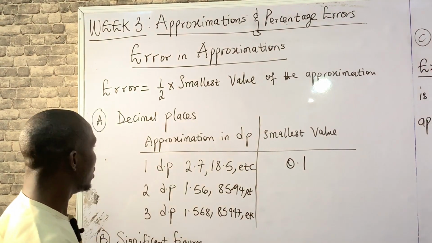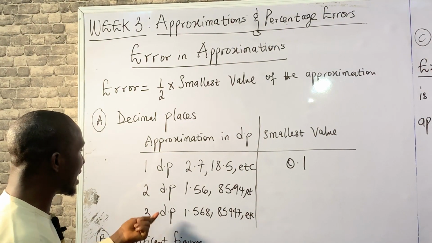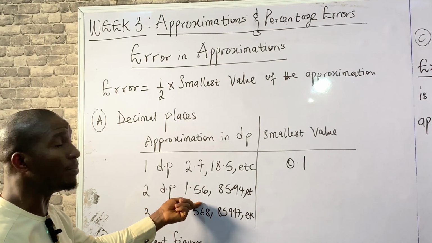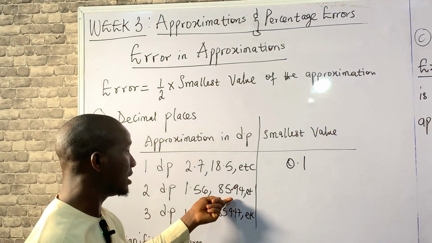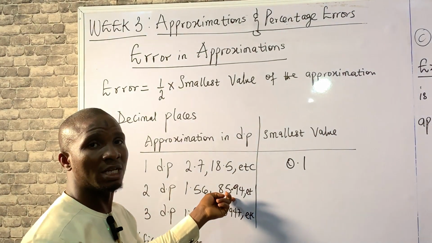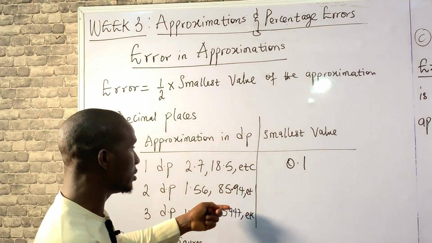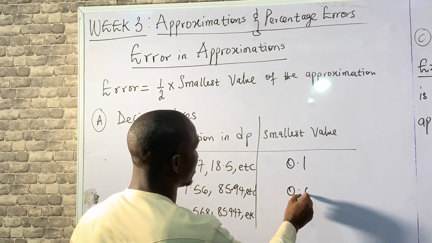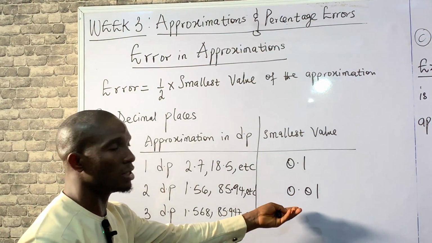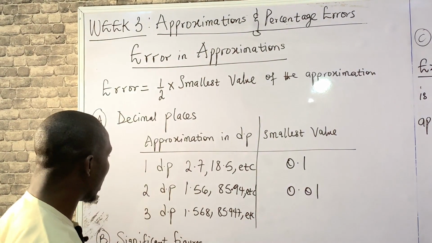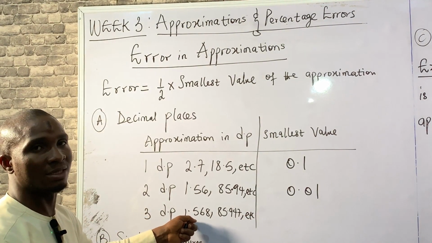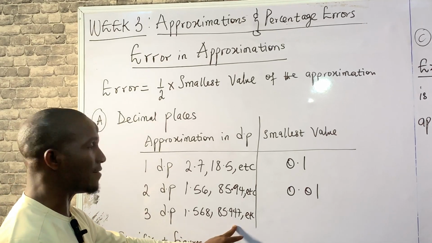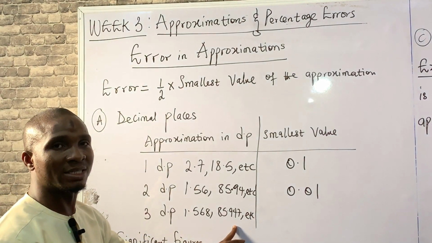Another example is if the number is to two decimal places, for example, 1.56, 85.94, 3.67, and so on. The smallest value is going to be 0.01. The same thing if it is to three decimal places, such as 1.568, 85.947, 3.468, and so on.